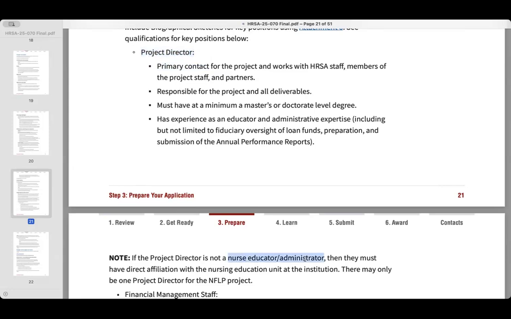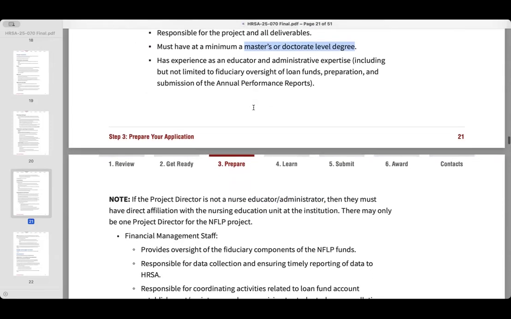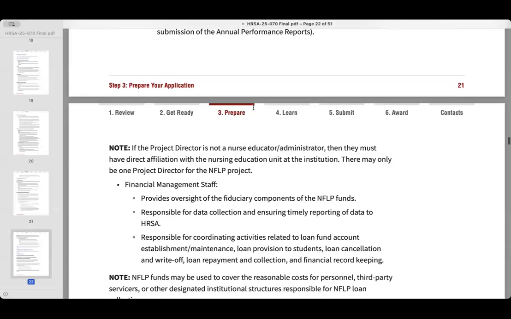Remember, the diversity program number 71, that requires that you have a registered nurse, so someone who has a current nursing license being the administrator. This person must have at least a master's or a doctoral degree, but is not necessarily the person who will be driving program recruitment and leadership like the diversity program we were looking at as well. But they must be directly affiliated with the nursing education unit.